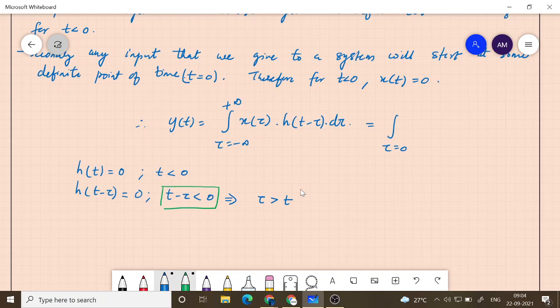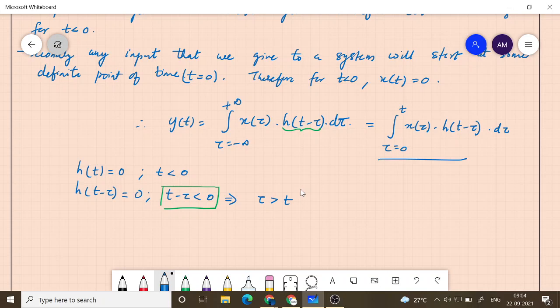I will take tau to the other side, so for tau greater than t, h of t minus tau is 0. So this quantity is going to be 0 when my integration variable tau is greater than t. So I only need to integrate from tau equal to 0 to tau equal to t of x of tau h of t minus tau.